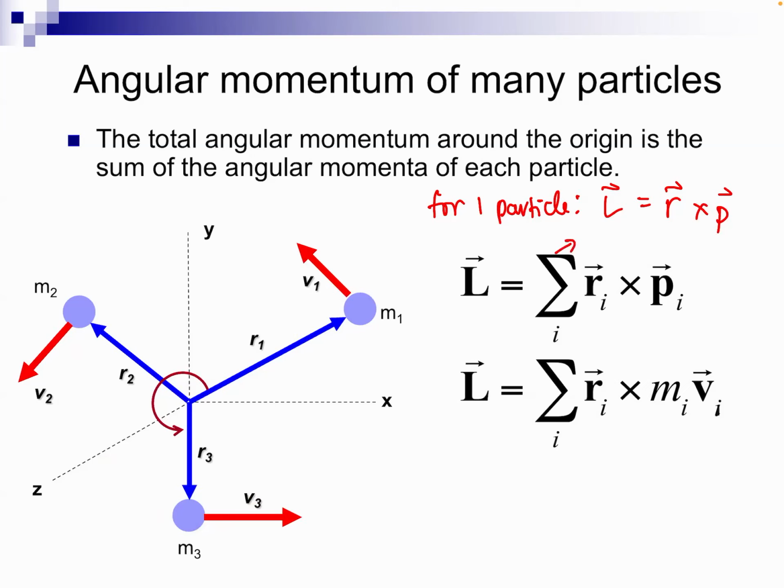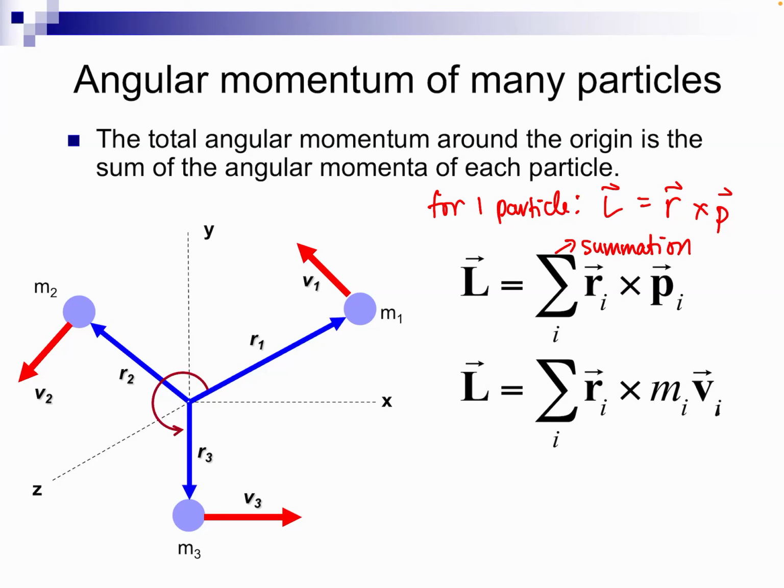So you have this summation symbol here, which says that to get the total angular momentum, you add up the angular momentum of mass 1 plus mass 2 plus mass 3. The angular momentum of each mass is obtained by getting the cross product between the position vector r and the linear momentum p. All right.